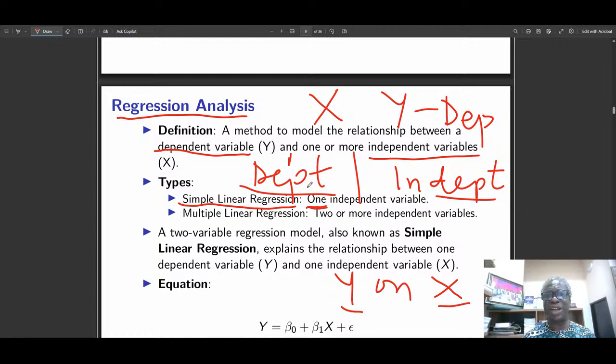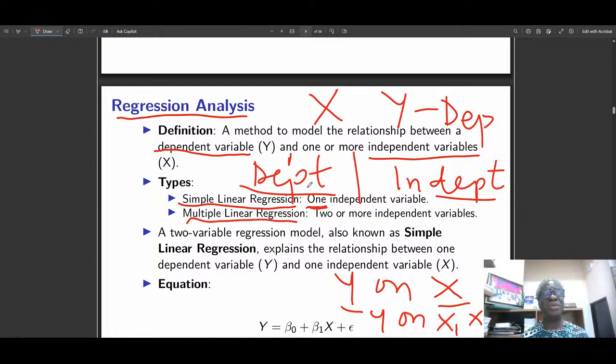But if you have y on x1, x2, x3, that means you have 3 independent variables, and in that case you have multiple linear regression.